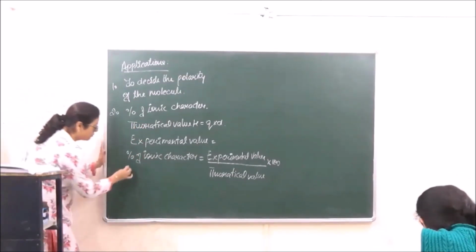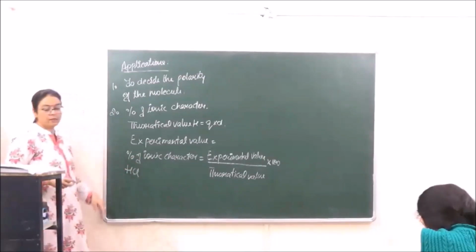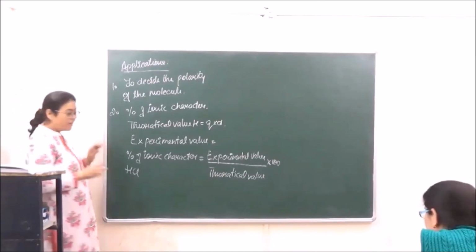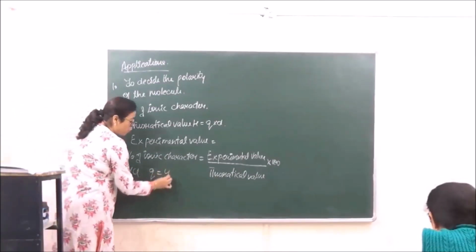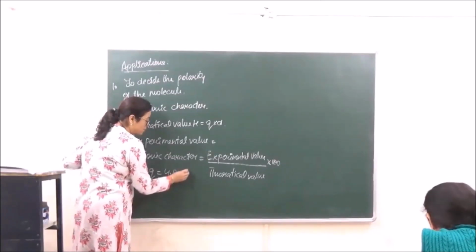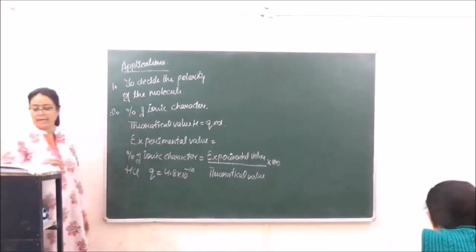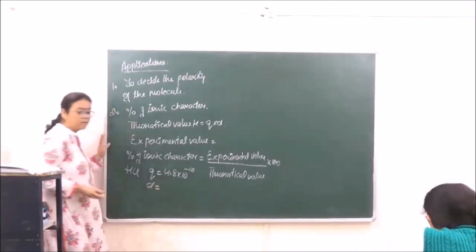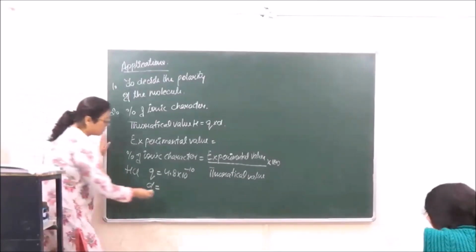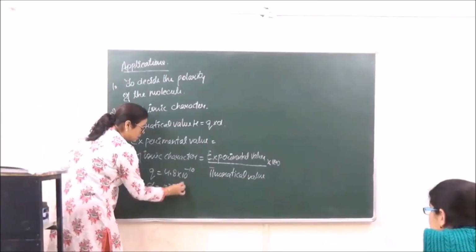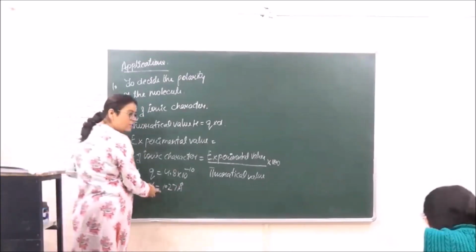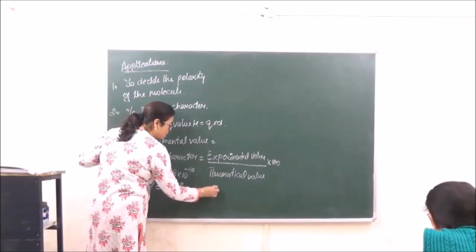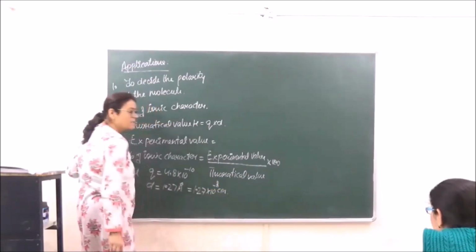We are doing the example of hydrogen chloride in order to calculate the percentage. Now over here they have given us the value of Q as 4.8 into 10 raised to power minus 10 ESU. Okay? And the value of D they have given to us as 1.27 Angstrom. Right? So this has to be converted into centimeter. It will be equal to 1.27 into 10 raised to power minus 8 centimeters.